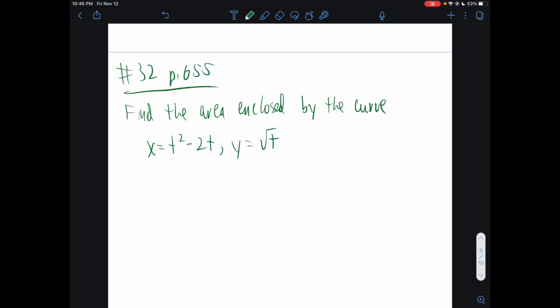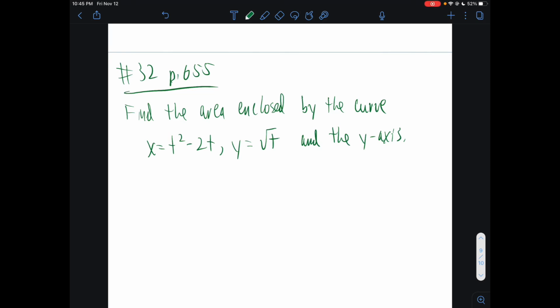So it's a curve defined by those two equations and the x-axis. Oh, sorry, actually 32 is the y-axis.